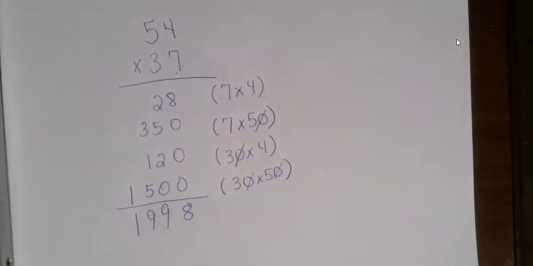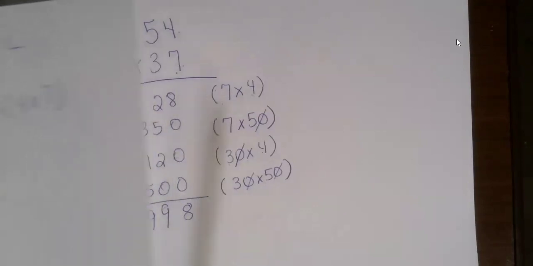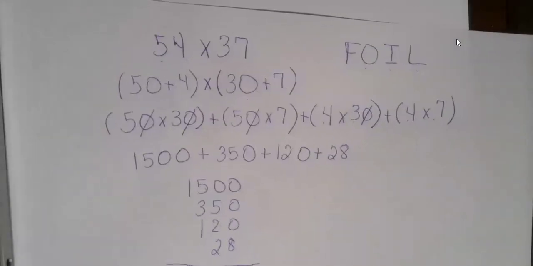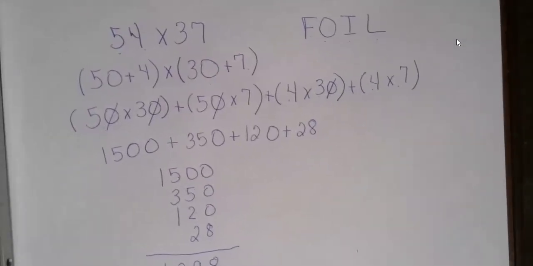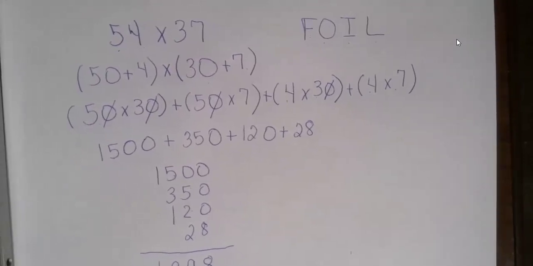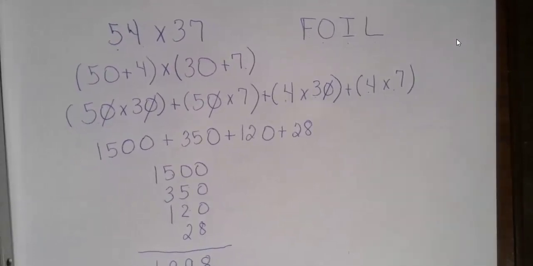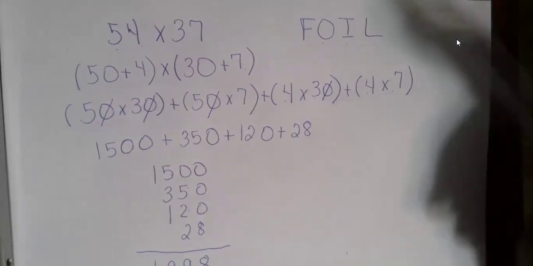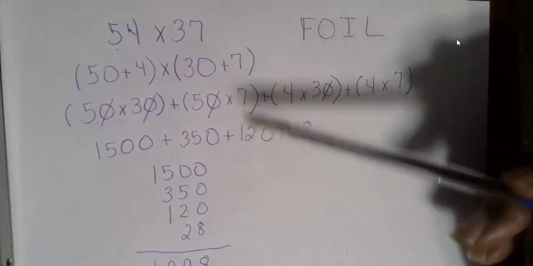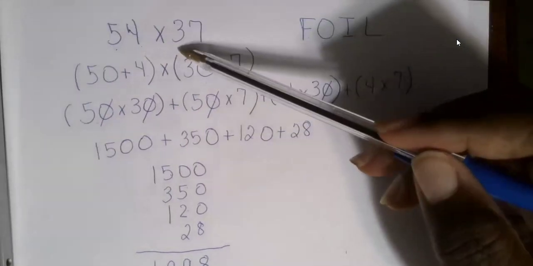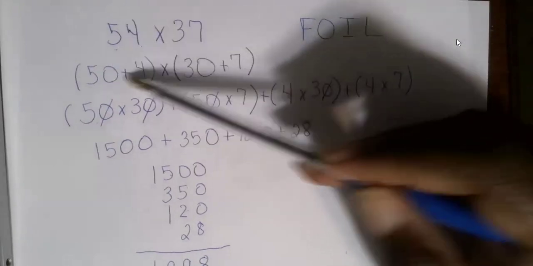So what should I have learned today? I should have learned that there are multiple ways to multiply 2-digit by 2-digit other than the standard algorithm. This is partial product, where we're getting the expanded form of each number, then multiplying.